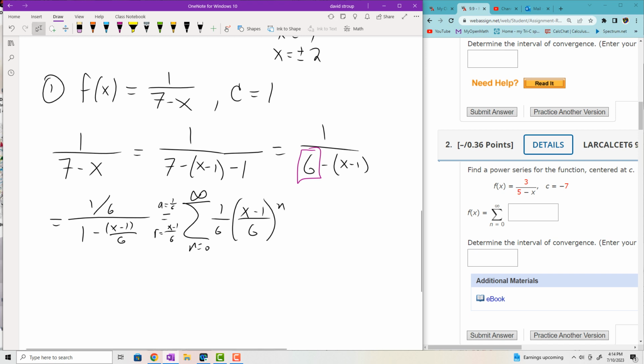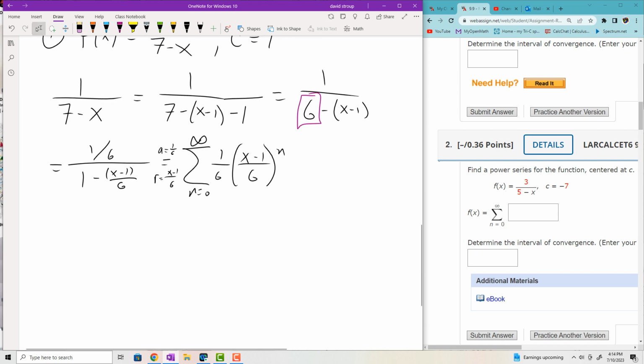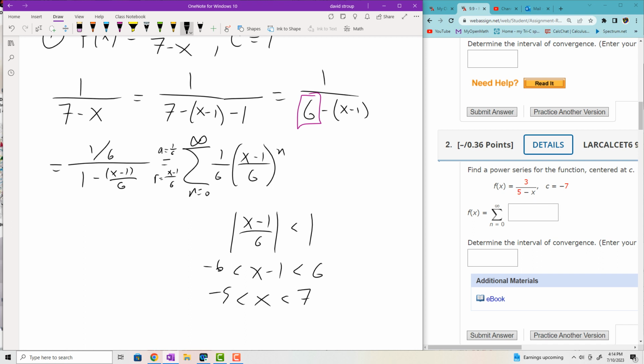Now I need the radius, the interval of convergence. So that's going to be when this thing is less than 1. You can expand that thing. So less than 6, greater than -6, add 1 to all three sides, and that'll be our interval.